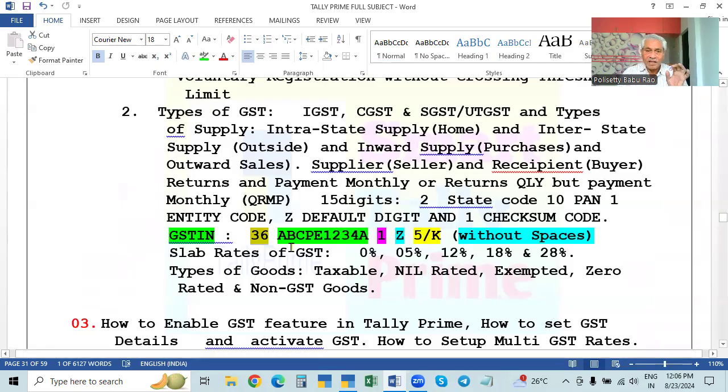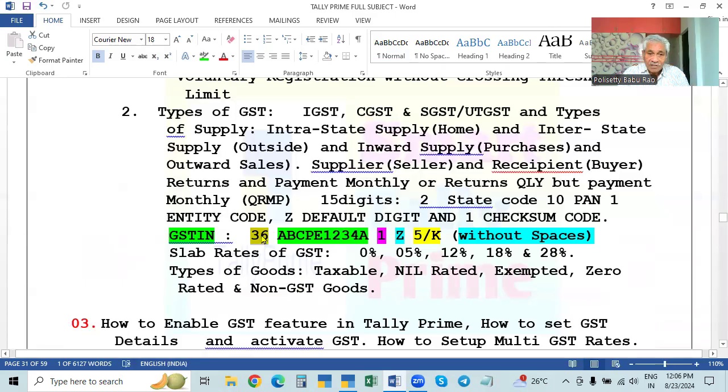So now the number of state codes is 37. A single digit is written as 01, 02, up to 09, then 10, 11, 12, up to 37, the last number.